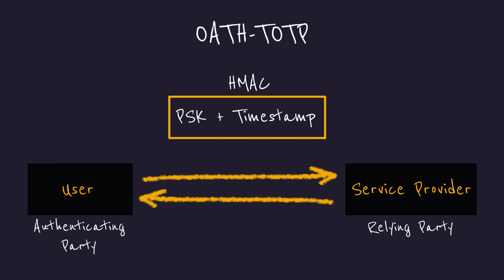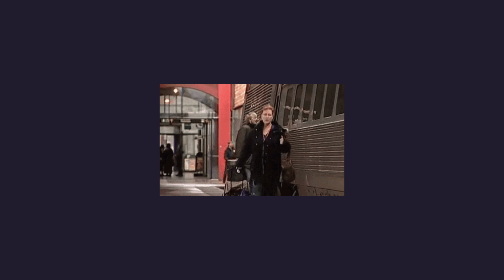This pre-shared key is exchanged when you scan a QR code when you register an MFA device. And because a timestamp is involved in this value, you usually have to race against the time to input the code into the website or whatever place you're trying to authenticate against, because that time window of usually 30 seconds expires and then that token becomes invalid. There are certain variants where you can use a 60-second time window as well.